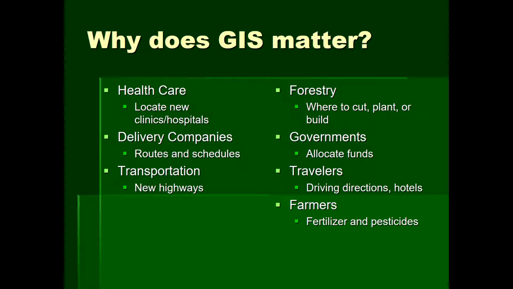Anyway, so that's an example of a healthcare application. Another one is to locate new clinics or hospitals. In fact, in a lot of fields, GIS is often used for that purpose, to find new locations, whether it's a new store or a new hospital, a new clinic. Obviously, delivery companies like UPS can use it for routes and schedules.